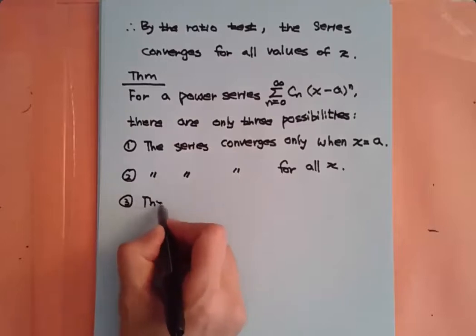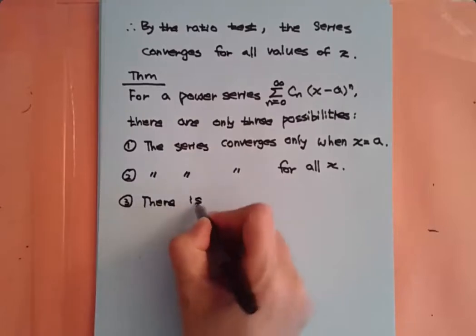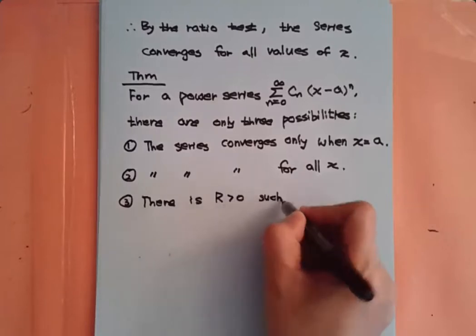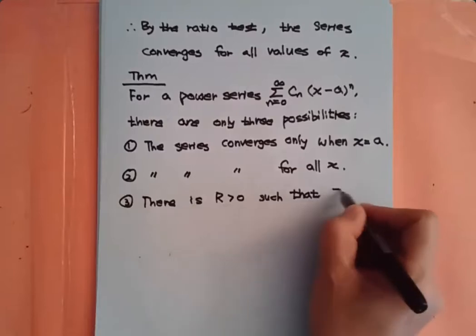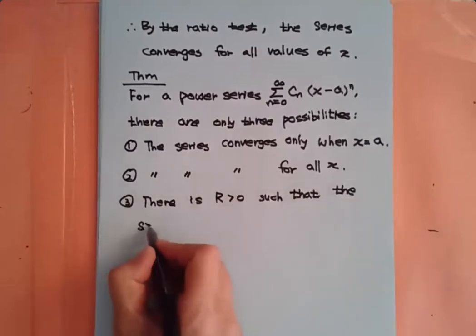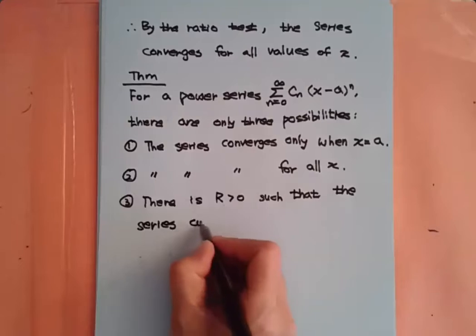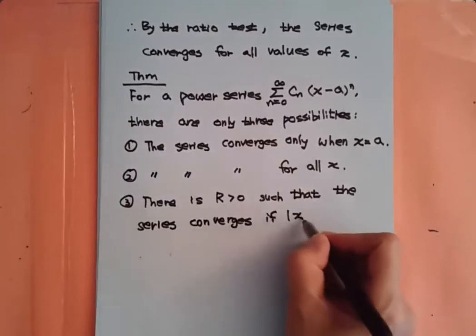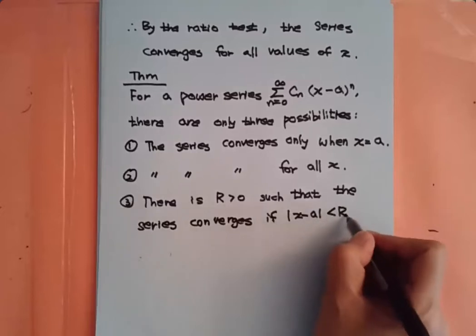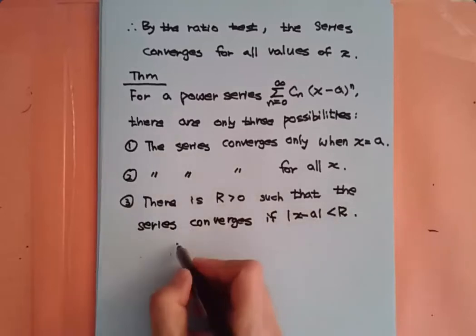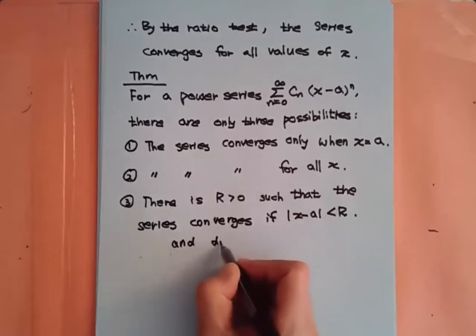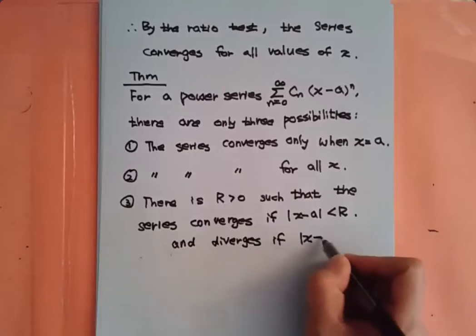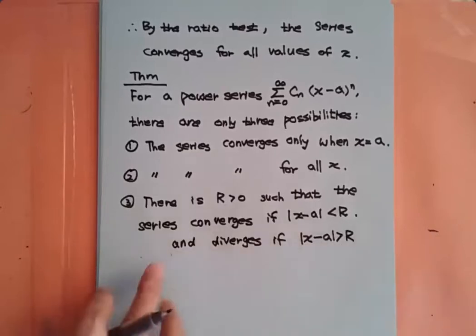The third case is that there is a positive real number R such that the series converges if the absolute value of x minus a is less than R, and diverges if the absolute value of x minus a is strictly greater than R.